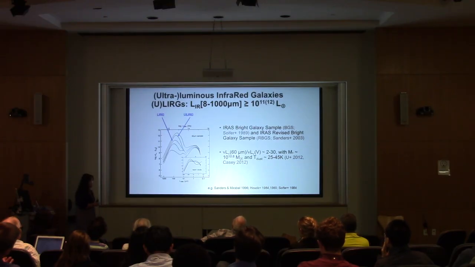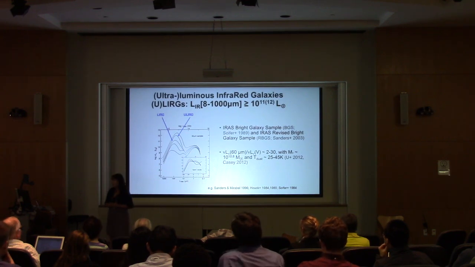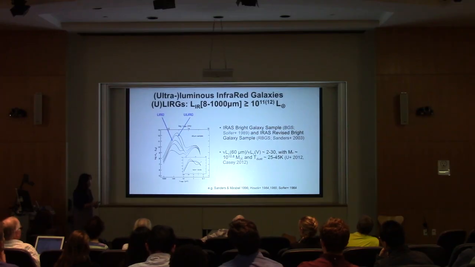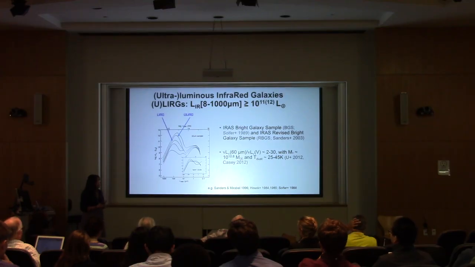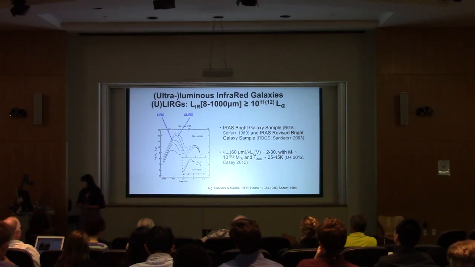These LIRGs and U-LIRGs emit the bulk of their luminosity in the infrared, and we have the IRAS Revised Bright Galaxy Sample, the RBGS, that has been defined over the years, and we've accumulated lots of data to understand what the SEDs of these galaxies are like, and what that tells us about physical properties such as stellar masses and dust temperatures.